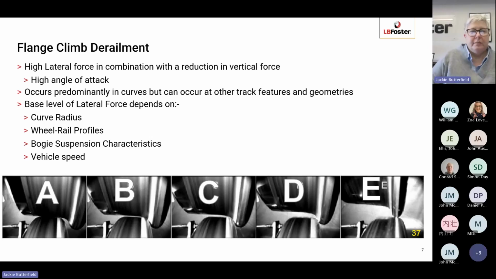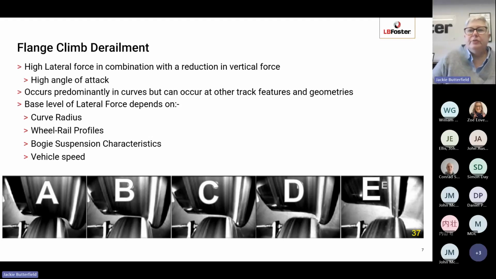So on to the first mechanism. Flange climb derailments generally occur where the wheel experiences a high lateral force in combination with a reduction in the vertical force. So effectively the wheel is lifting off the rail in the presence of a high lateral force.